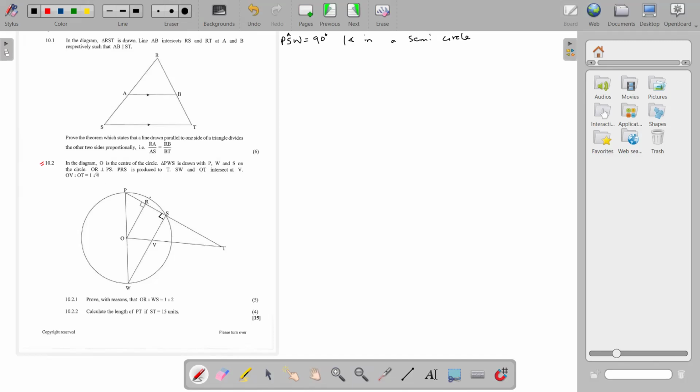Then you are also told that OR is perpendicular to PS.